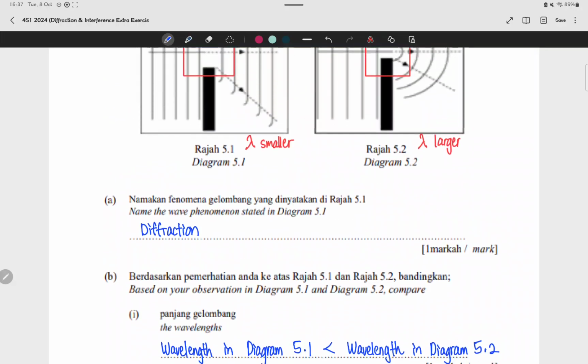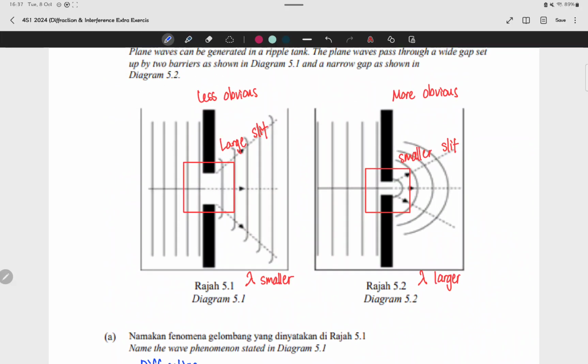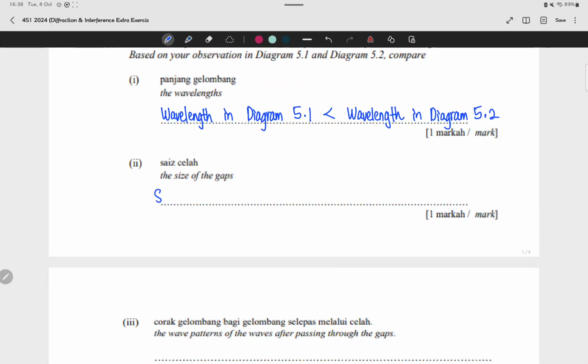Second, the size of the gaps. Obviously in 5.1 the size of the gap is larger. So size of gap in diagram 5.1 is larger than size of gap in diagram 5.2.